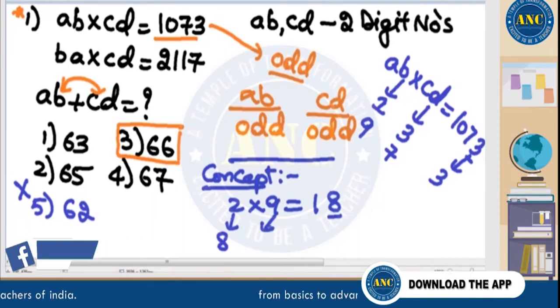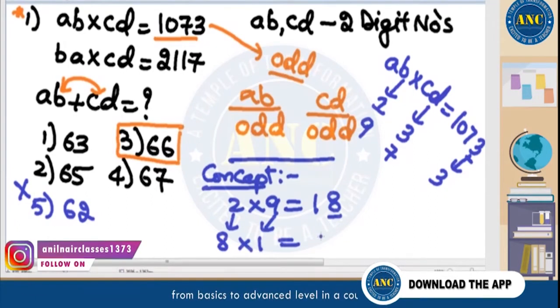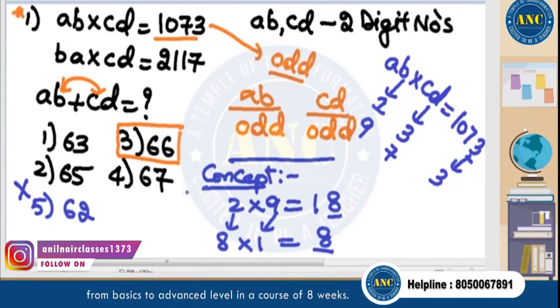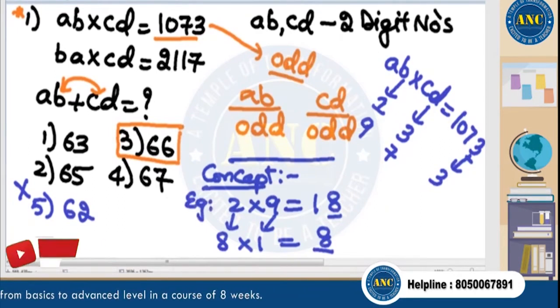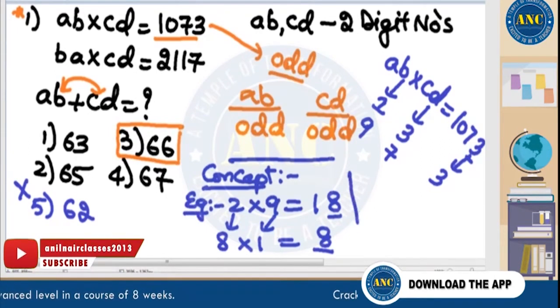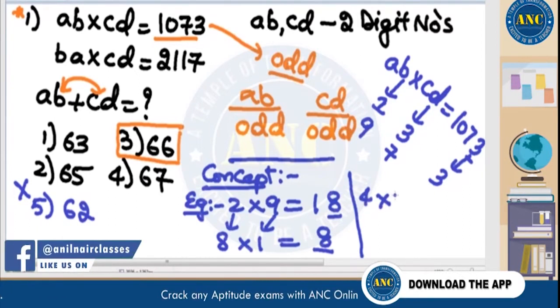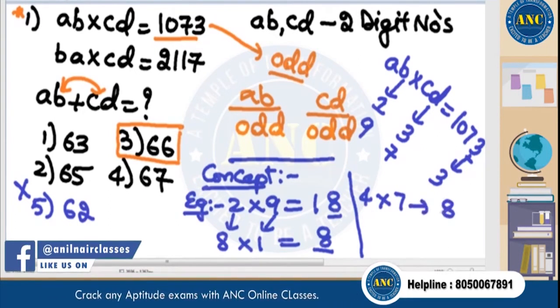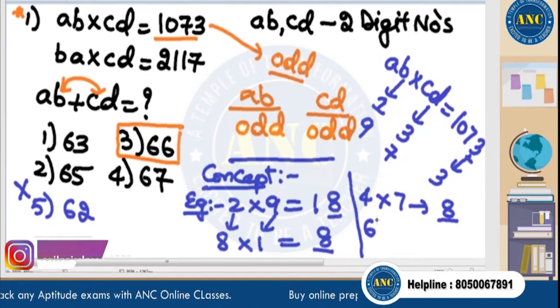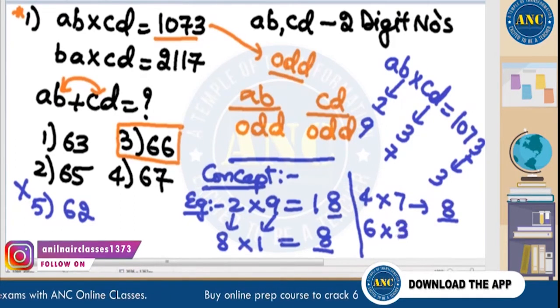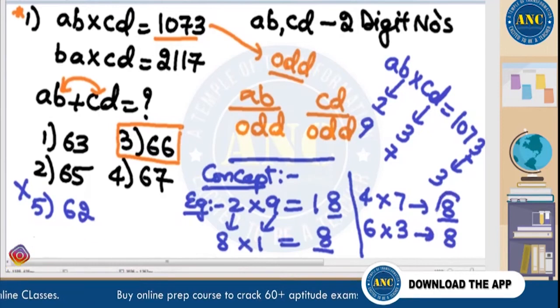What is 10 minus 9? It is 1. Still the unit digit is same. Please write down this example. One more. 4 into 7 is 28. Tens complement. 10 minus 4 is 6. 10 minus 7 is 3. 6 3s are 18.